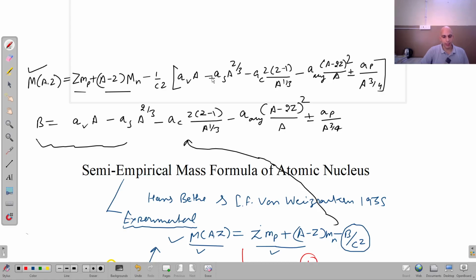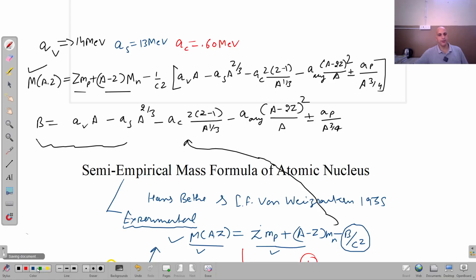Now I am telling you the values of all these constants, which have been taken directly from experimentally observed facts. It is found that the volume energy term constant a_v is equal to 14 mega electron volt. Similarly, the next one, a_s, the surface energy constant, is 13 mega electron volt. Similarly, the Coulomb energy constant a_c is approximately 0.60 mega electron volt.